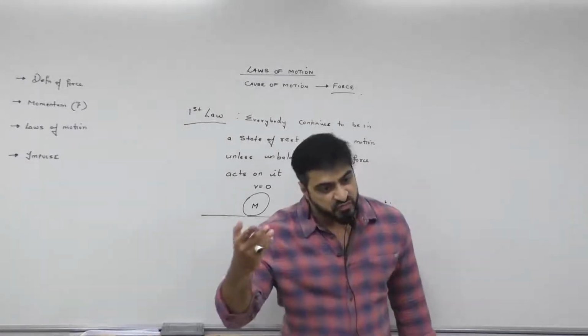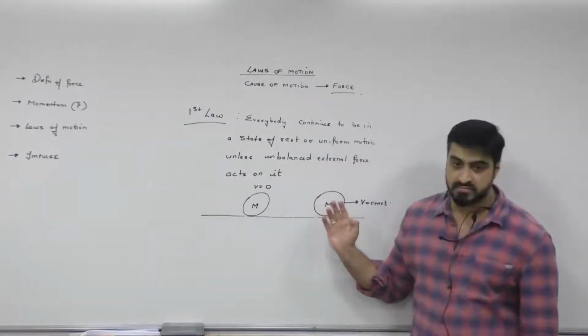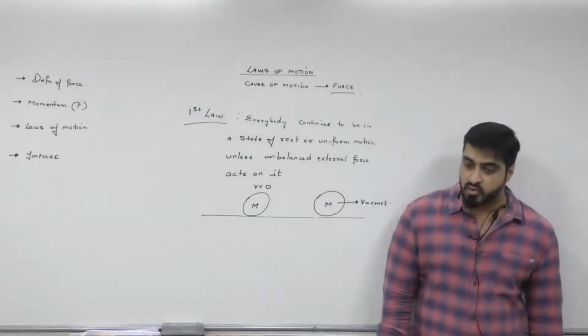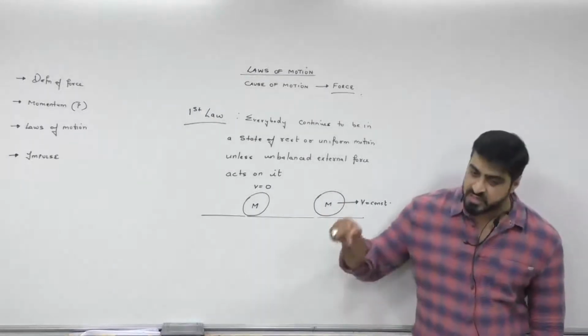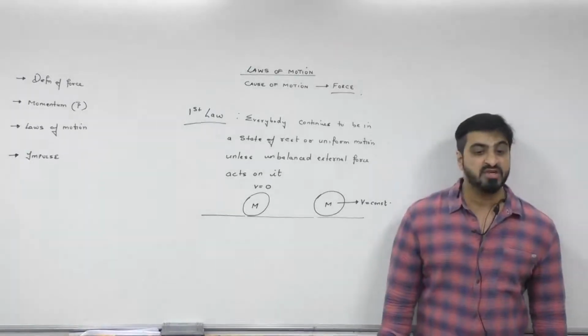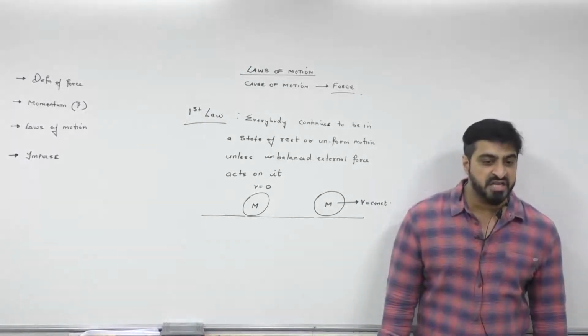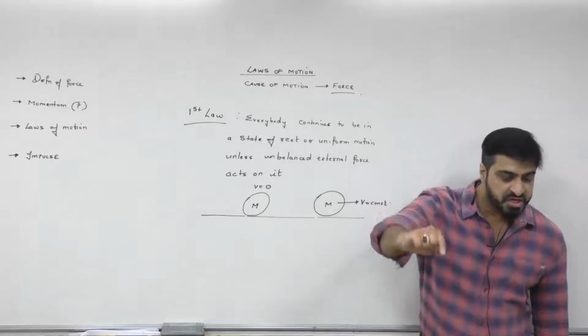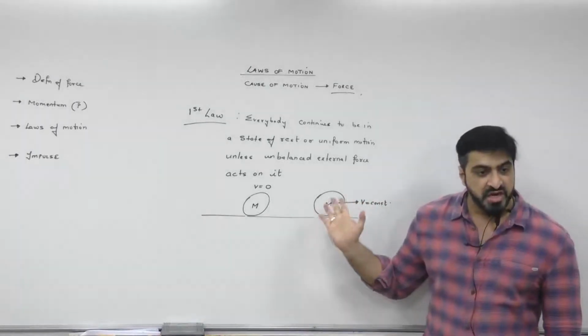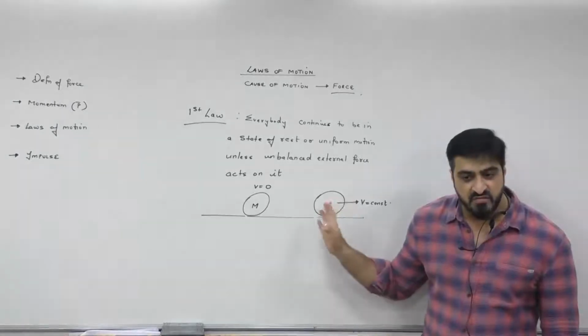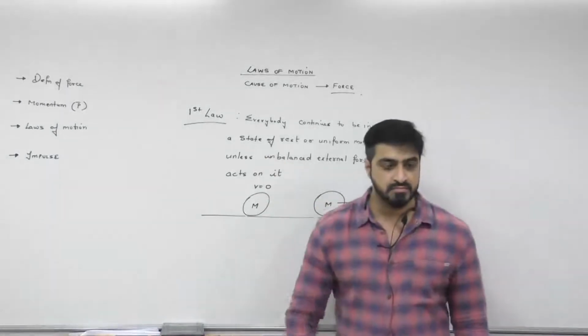But in nature you feel that this stops after some time. A football rolling on the ground stops after some time. Why? Because there is some unbalanced invisible force called friction which is acting on this body. But if there would be no friction, it will continue to move with the same velocity till infinity.